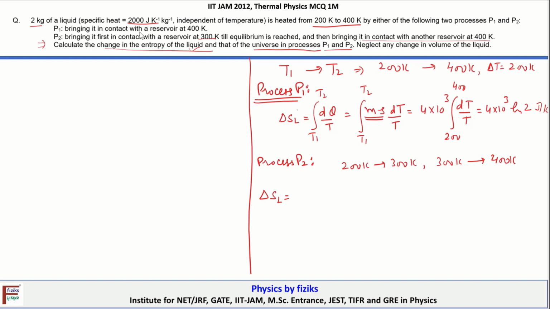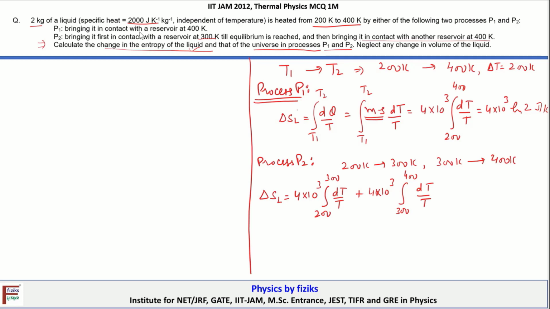The product of m and s is constant in both cases, so that is 4 into 10 power 3, that is ms, and then dT by T when temperature is changing from 200 to 300, plus, for the second stage, 4 into 10 power 3, now 300 to 400 dT by T.